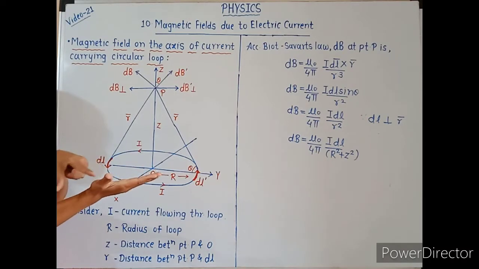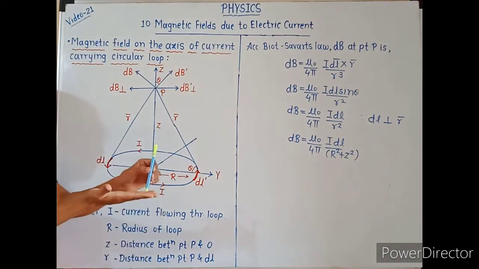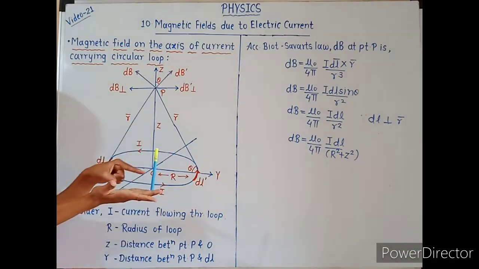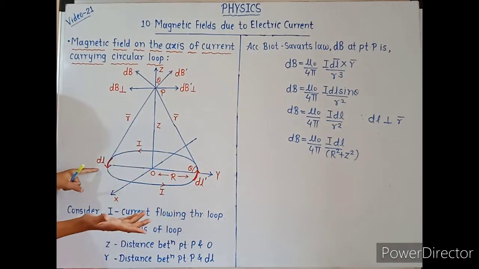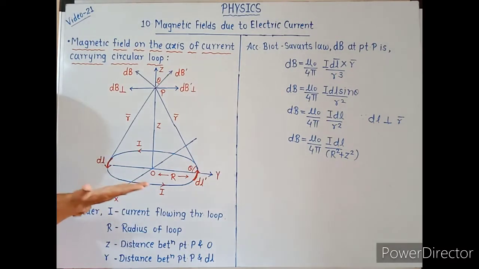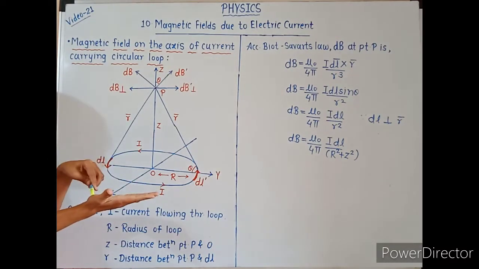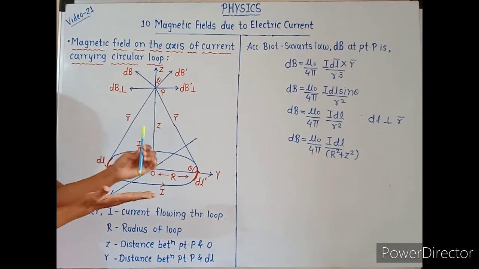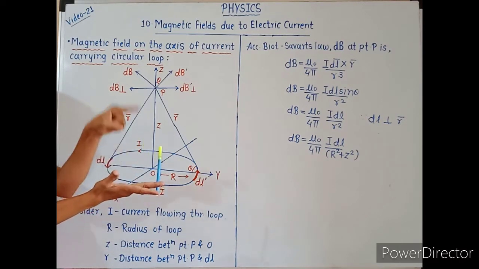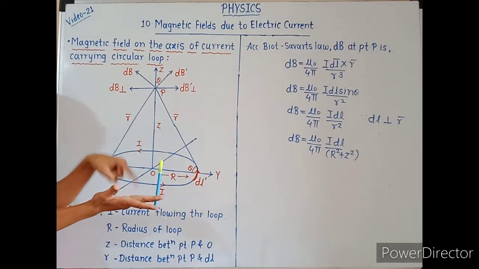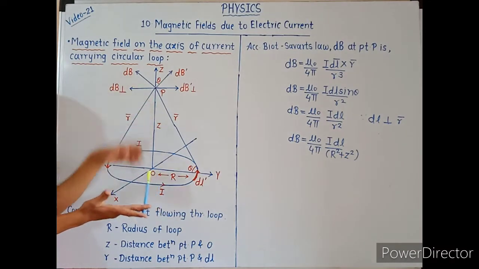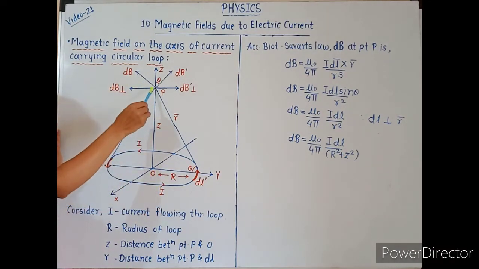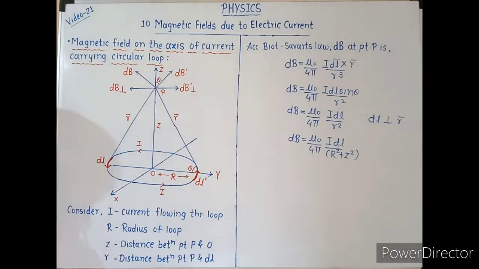So this is the direction of electric current, this is R bar, and this is the direction of magnetic field, which is perpendicular to this R bar. This magnetic field dB is perpendicular to this position vector R bar.